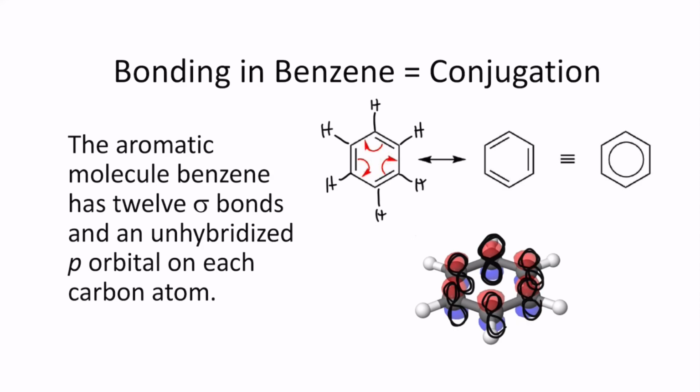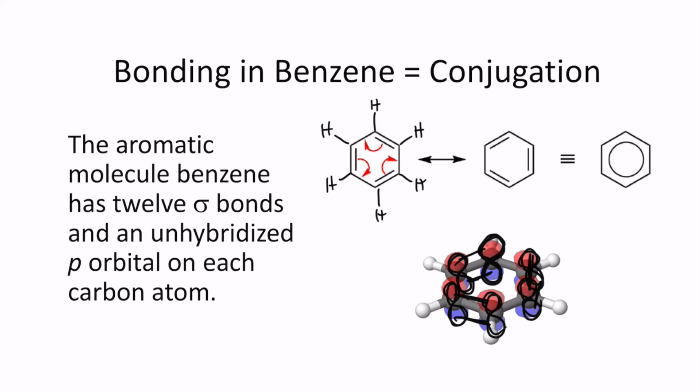But just like a Lewis structure isn't a perfect representation of a molecule with resonance, we're going to run into the same problem with valence bond theory. We don't have a double bond here and no double bond there, and then a double bond here and no double bond and then a double bond here, right? That's not how it works.